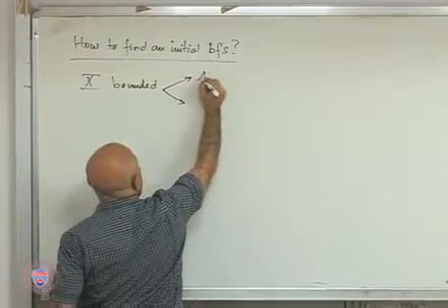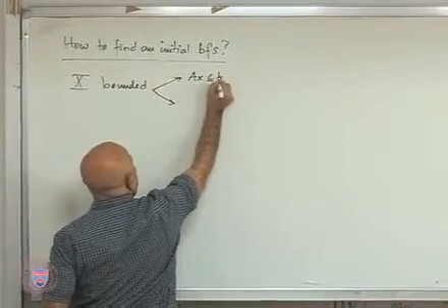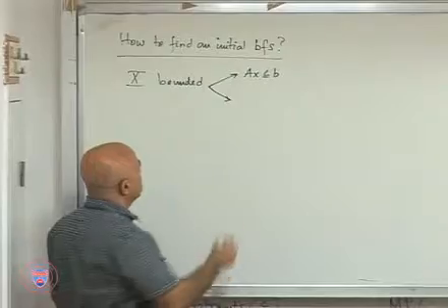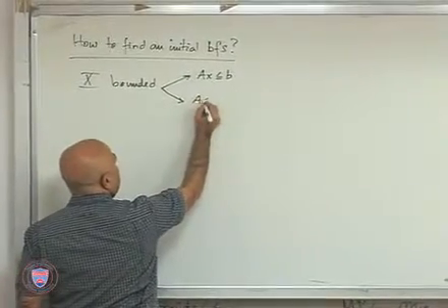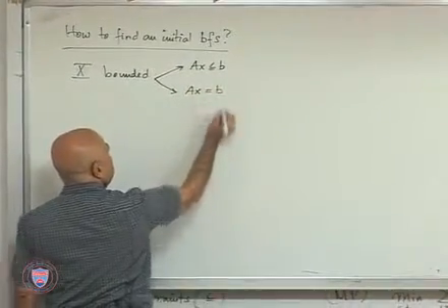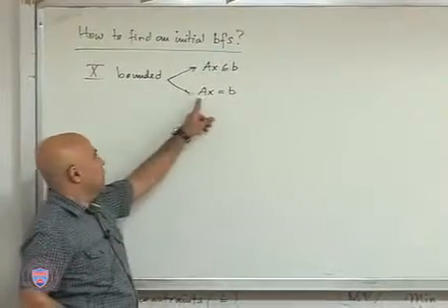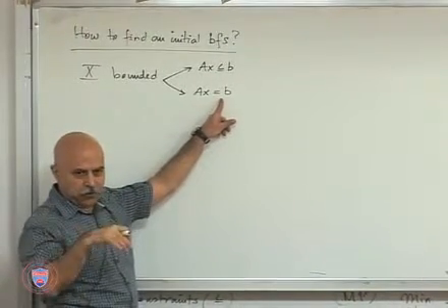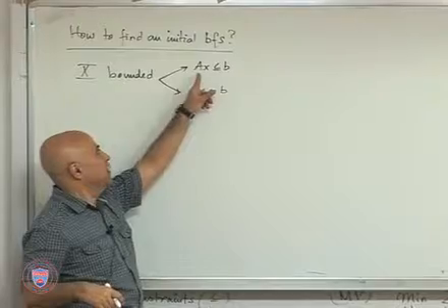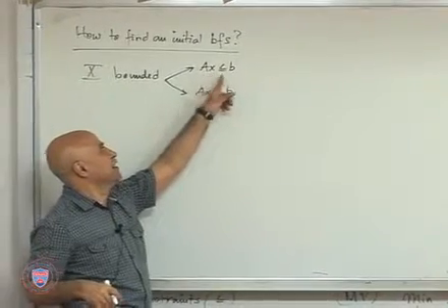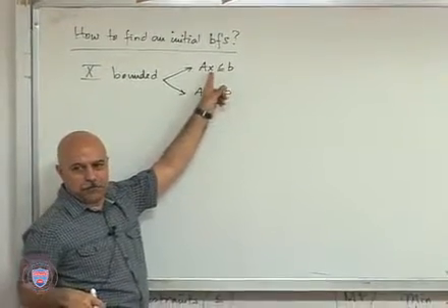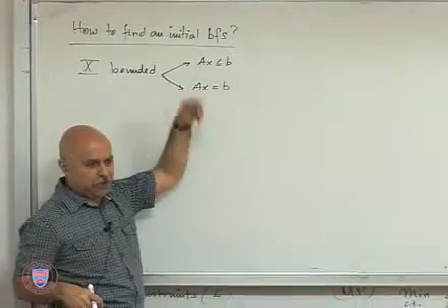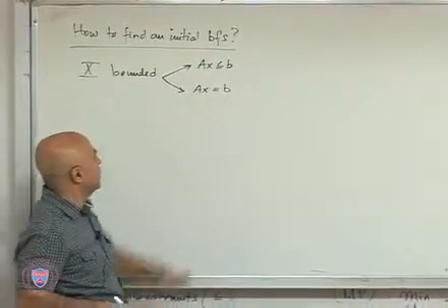One is the case when AX is less than or equal to B in the original problem. The other one is the case when AX is equal to B. I covered the AX equals B case first. However, I'm going to supply the initial basic feasible solution for the second case first, and then we'll look at this one.